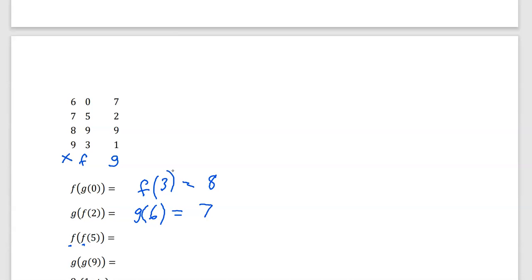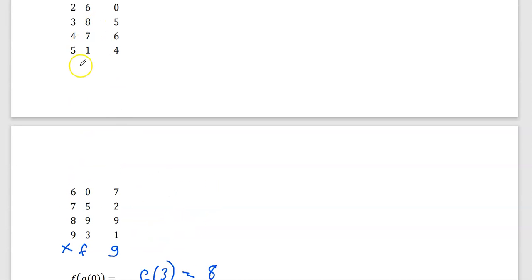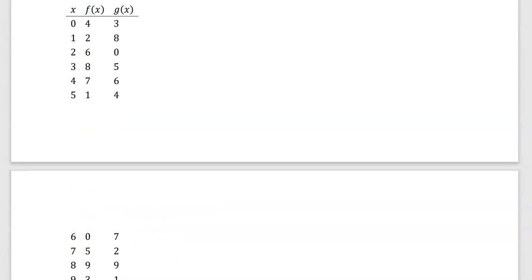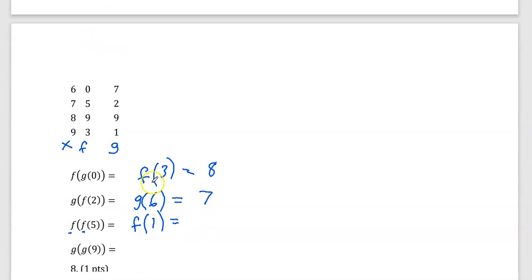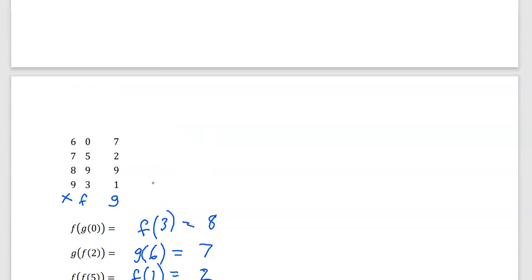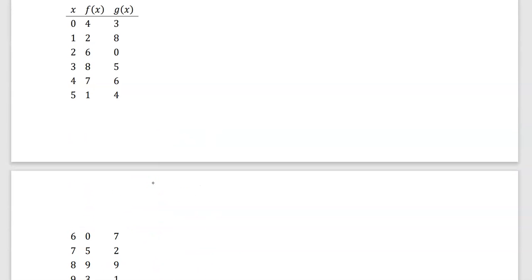That becomes f of, well, what's f of 5? f of 5 is 1. f of 1 is 2. g of g of 9 becomes g of, well, g of 9 is 1. And g of 1 is 8.